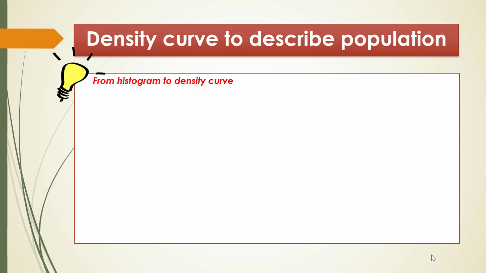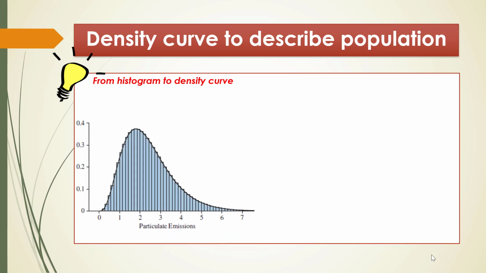Suppose that we have a large sample size and we are constructing a histogram. If the sample size is sufficiently large, we would have a large number of narrow rectangles. This is an example of a histogram where the number of rectangles is large. Here I have 65 rectangles.